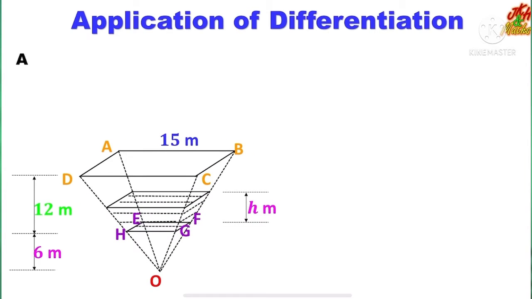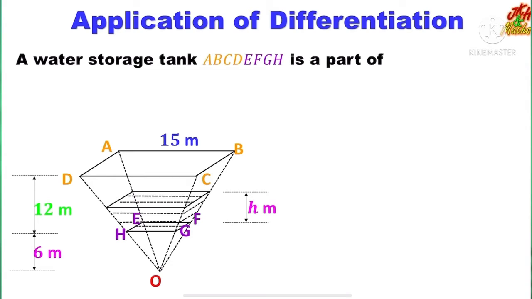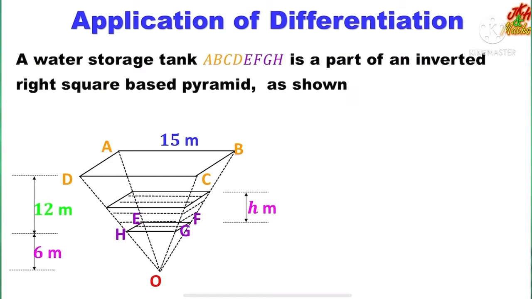Now let's discuss applications of differentiation. Water storage tank. ABCDEFGH is a part of an inverted right square base pyramid as shown in the diagram below.